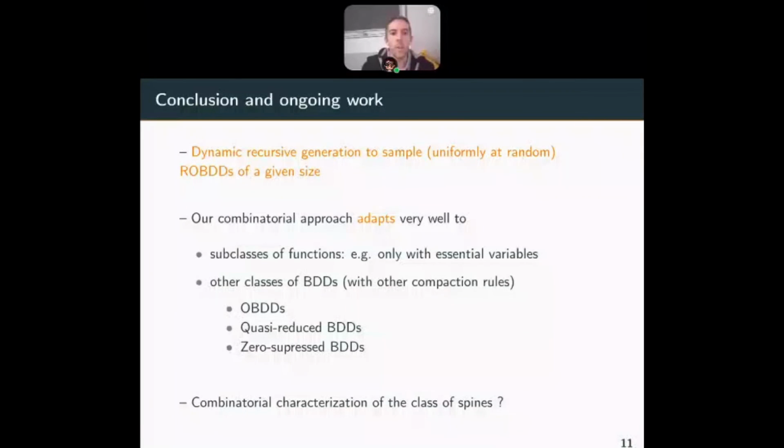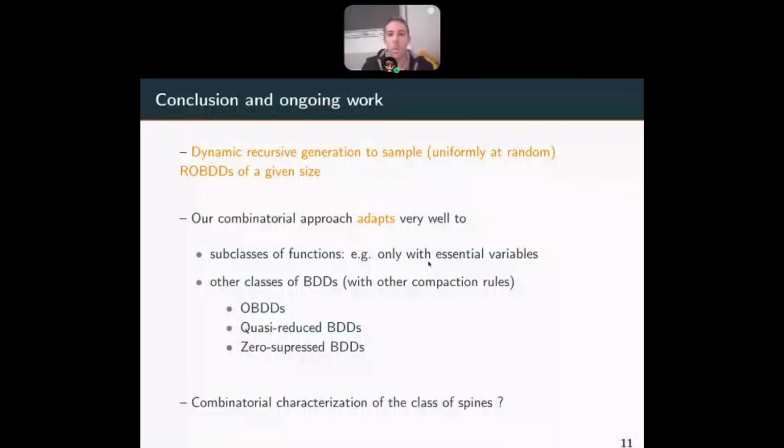Finally, we prove that this combinatorial approach we have developed to enumerate ROBDDs adapts very well to other classes of decision diagrams. For subclasses of functions, if you are interested only in functions with essential variables, you can adapt our algorithm and our counting approach.